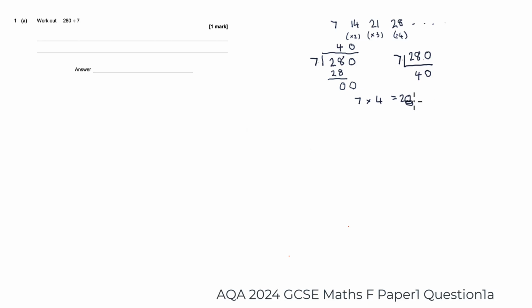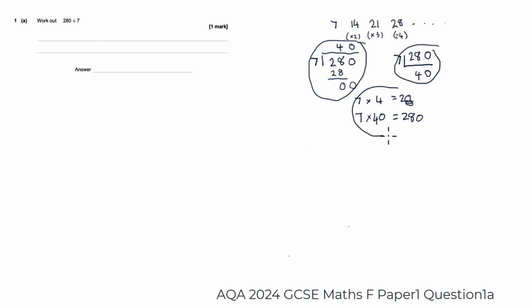We'd multiply it by 10. So we'd have to multiply this 4 by 10. So we get 7 times 40 being 280. So either this or something like this for your working. And the answer is 40.